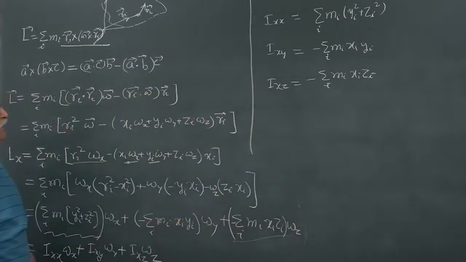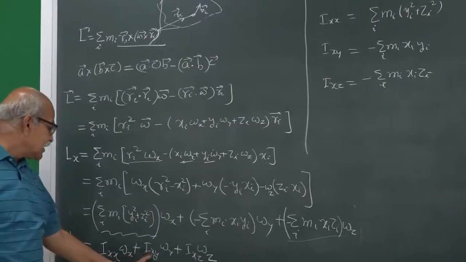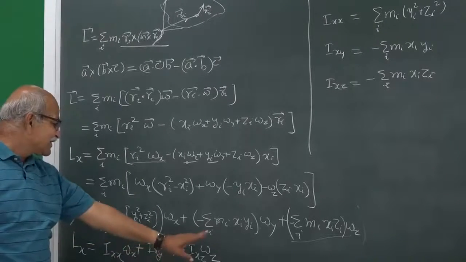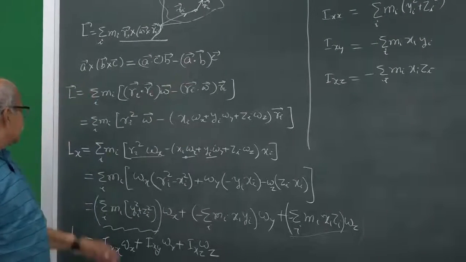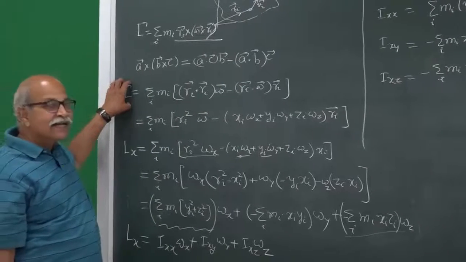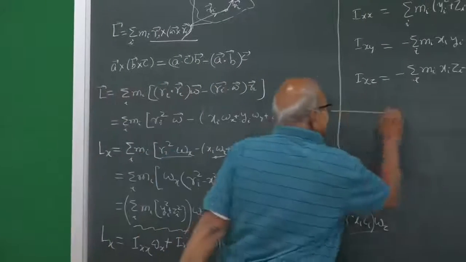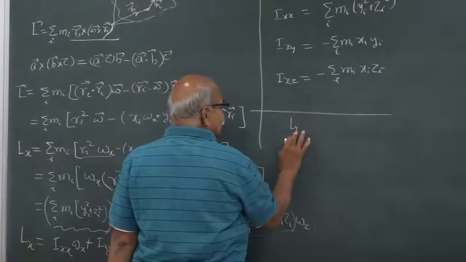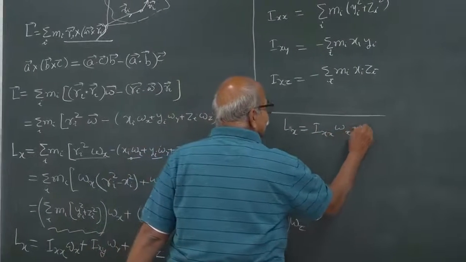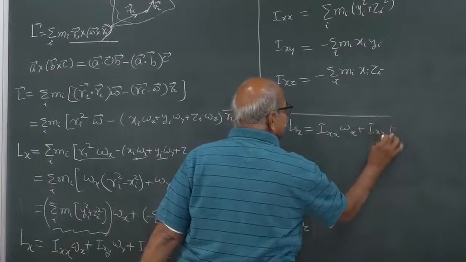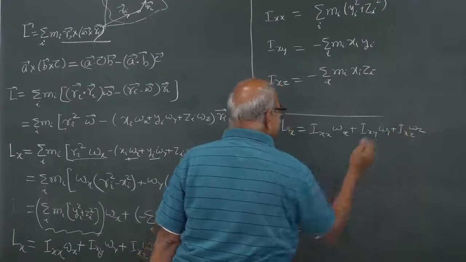So, these are the three symbols, and then Lx is equal to Ixx omega x plus Ixy omega y plus Ixz omega z, and you can similarly work out the y component of L and z component of L. And what you find is that Lx is equal to Ixx omega x plus Ixy omega y plus Ixz omega z.